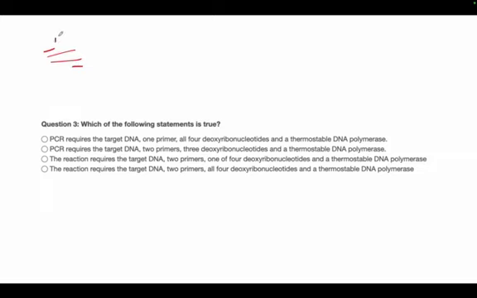We need all four nucleotides because all four of them are present in our template DNA by default. So we will need all four deoxyribonucleotides in a PCR mixture. And of course, we need a thermostable DNA polymerase which is going to incorporate them and synthesize the new strand. So we require target DNA, two primers, all four dNTPs, and thermostable DNA polymerase.